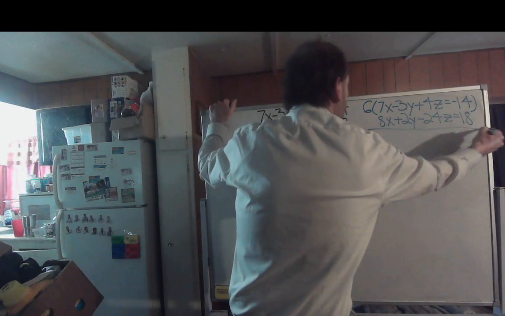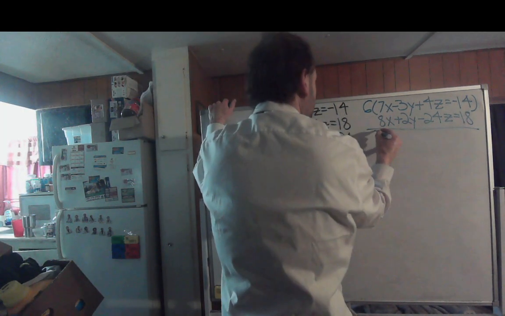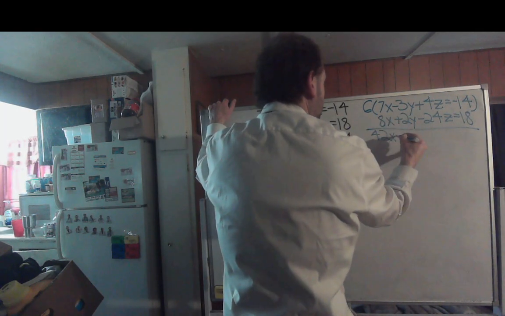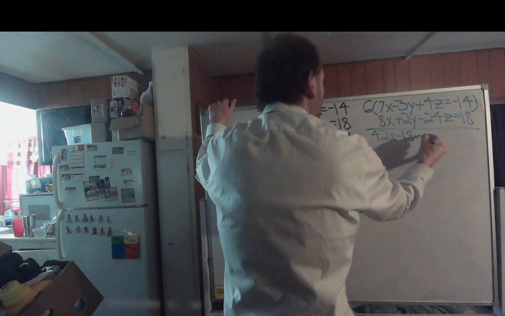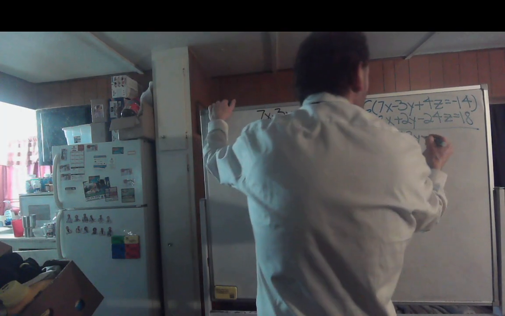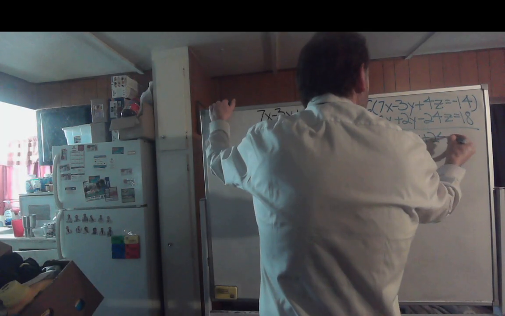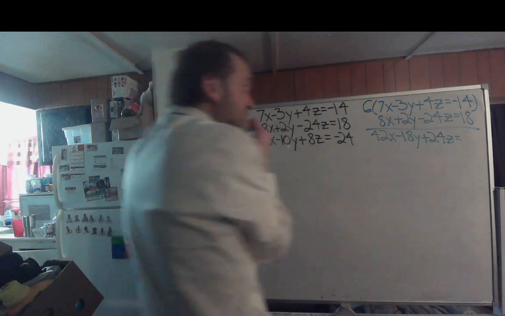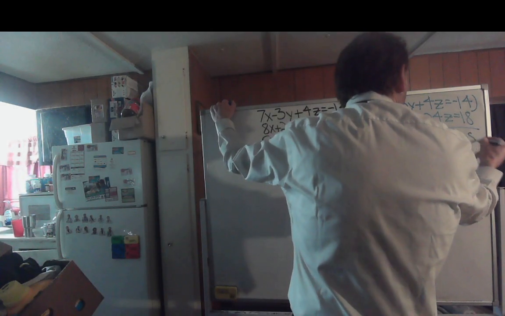First, do your distributive property. So 6 times 7x, that's 42x. And 6 times negative 3y, that's minus 18y. 6 times 4z, that's positive 24z, would equal now negative 14 times 6. That'd be negative 84.